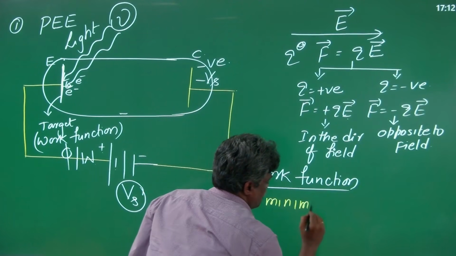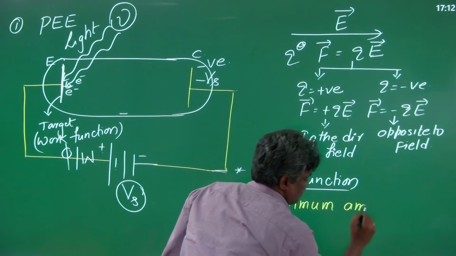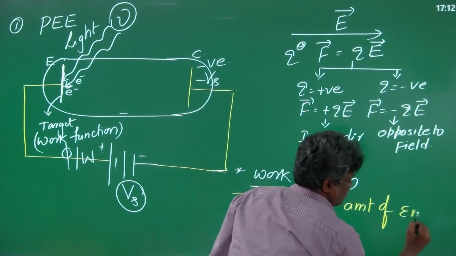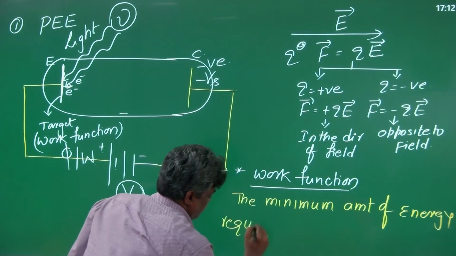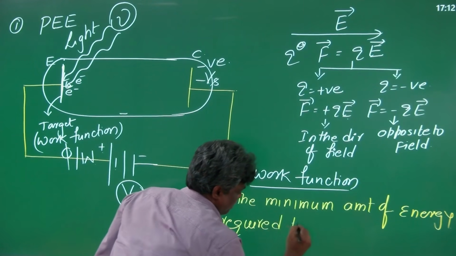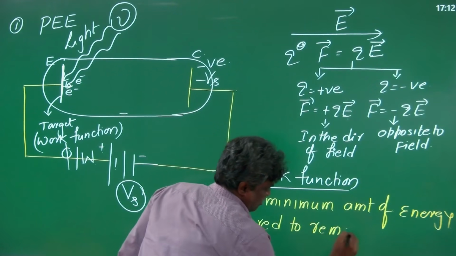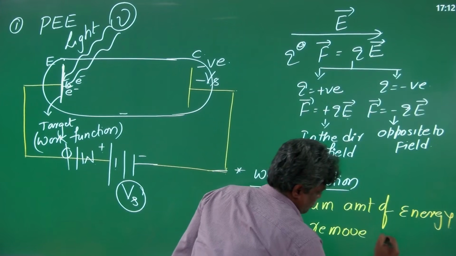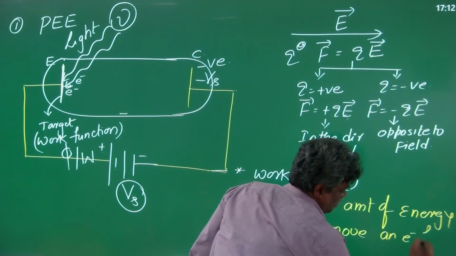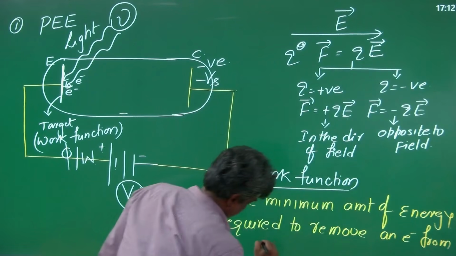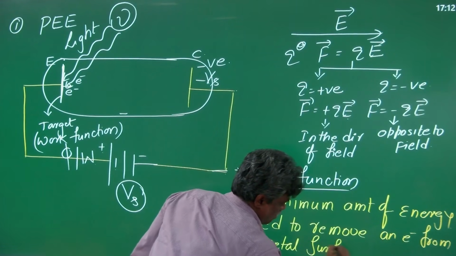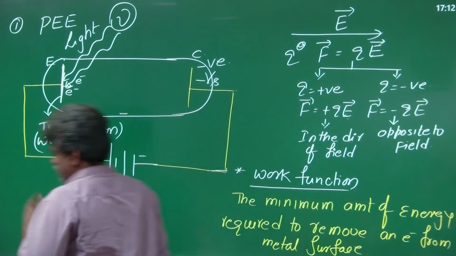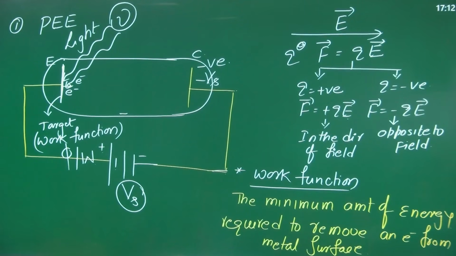The minimum amount of energy required to remove an electron from the metal surface is nothing but work function.